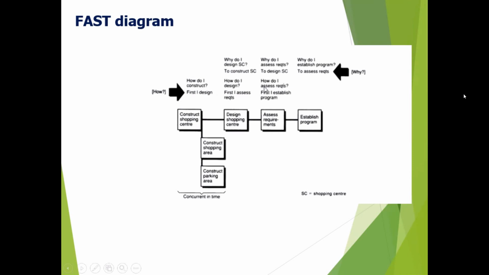So why do I design and construct a shopping center? How do I design? First, I assess the requirements. What do I assess requirements to design the shopping center? Why do I establish a program to assess requirements, right? Why and how.